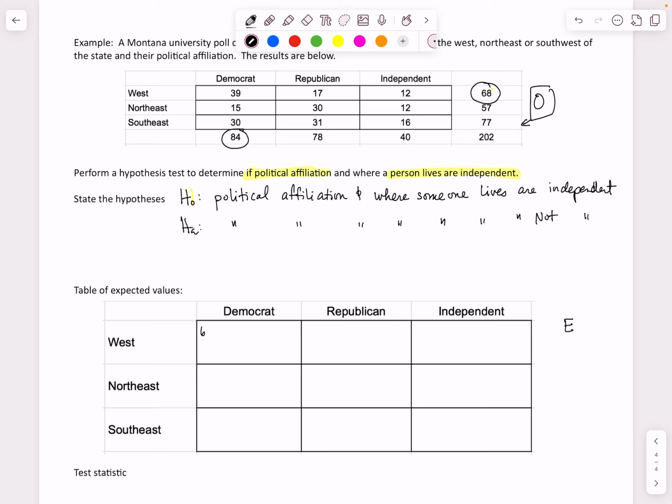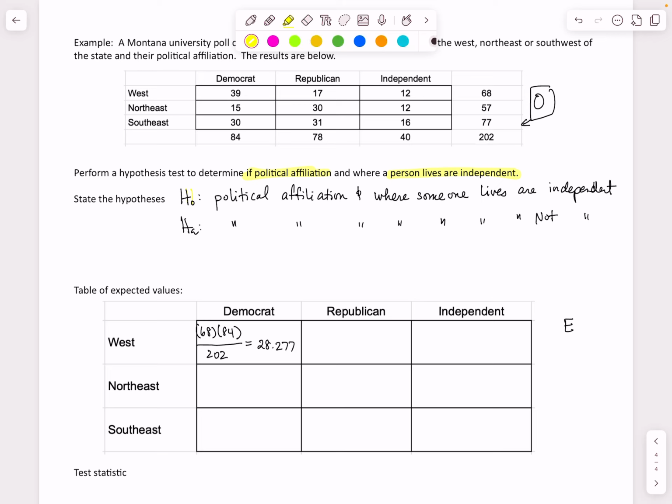So multiply those together, 68 times 84. And then we want to divide by the grand total of 202. And you're going to get 28.277. Then we go to the next one over.